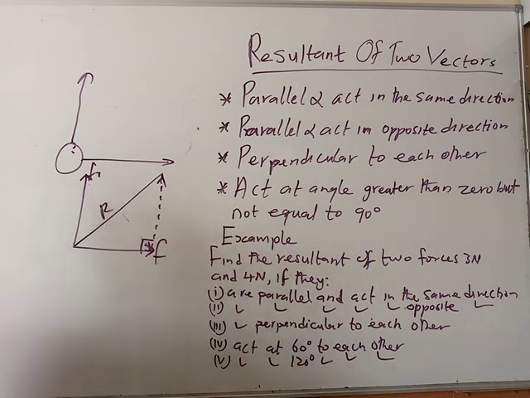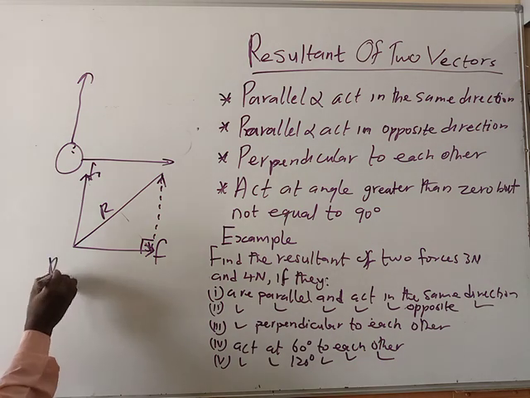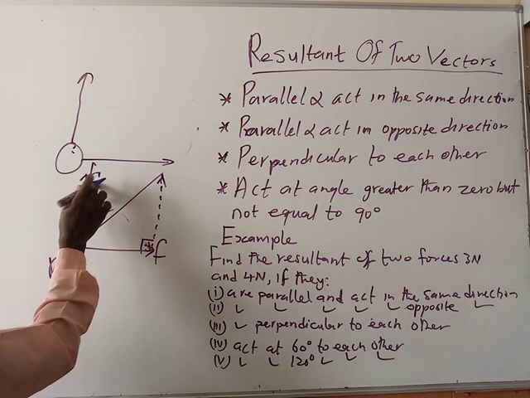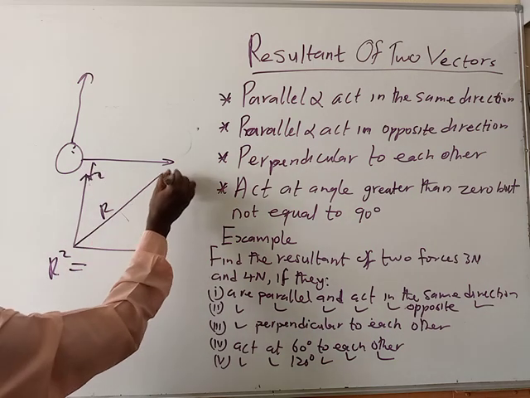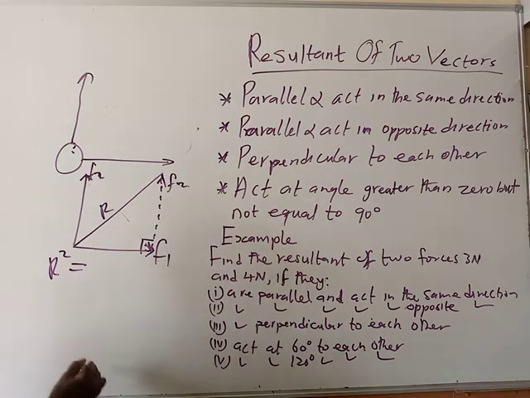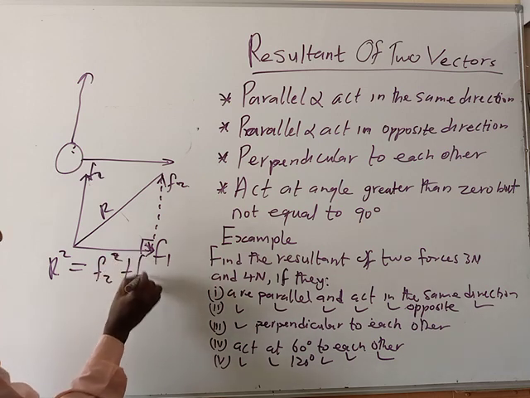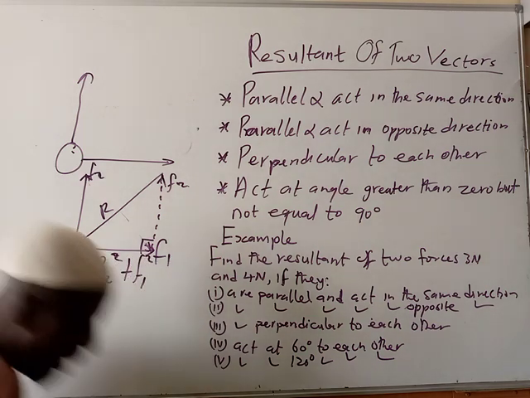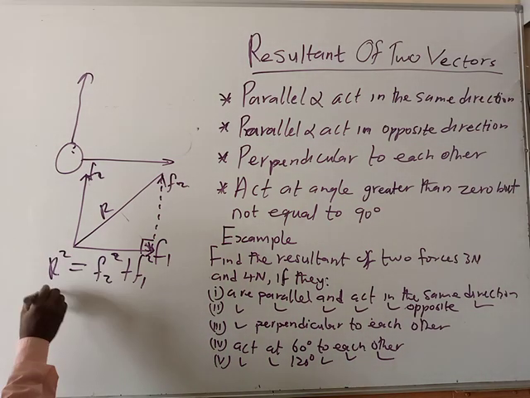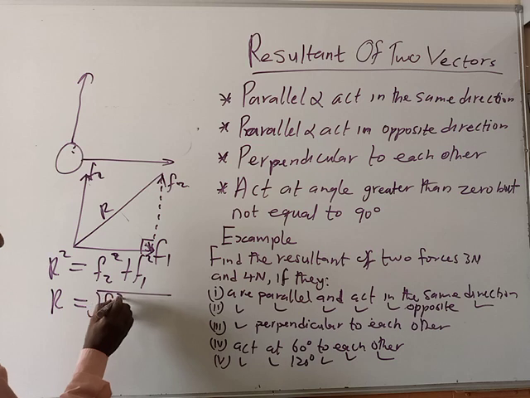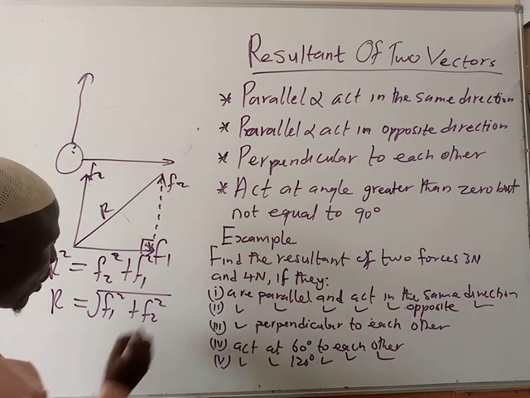This is our resultant. Therefore, the resultant R squared is equal to F2 squared plus F1 squared. Therefore, the resultant of the vector is equal to square root of F1 squared plus F2 squared.